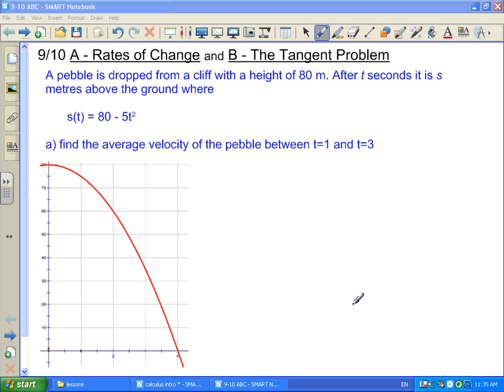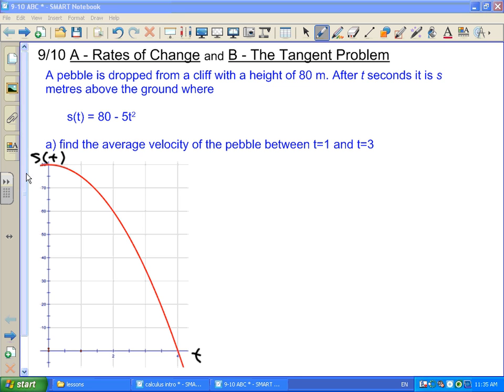And I've put a graph down here just to show you what the situation looks like. We've got t down here on the x-axis and s as a function of t up on the y-axis. The first question we're asked is to find the average velocity of the pebble between 2 points, between t equals 1 and t equals 3.